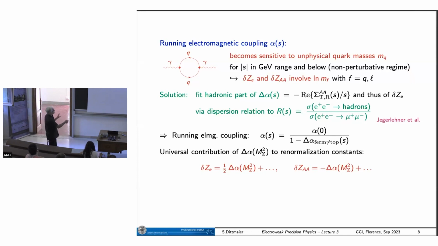So these are the things you have to follow and look at. These quark mass logarithms actually stand for a piece of physics that you can phenomenologically get from data.